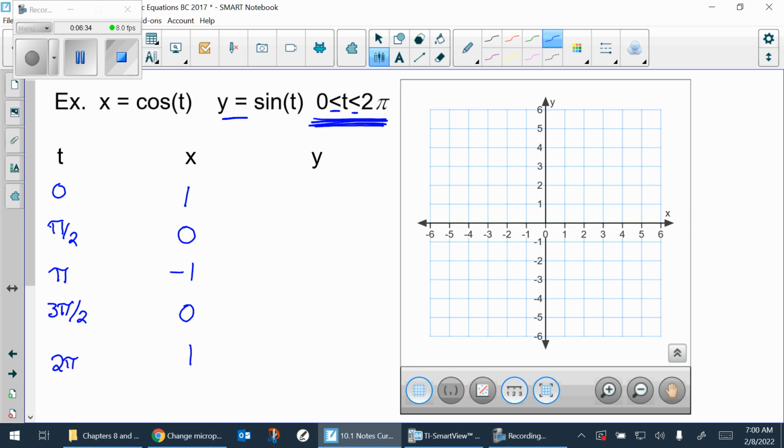Now y behaves according to the sine of these values. And so the sine of 0 is 0, sine of pi over 2, sine of pi, sine of 3 pi over 2, and sine of 2 pi.